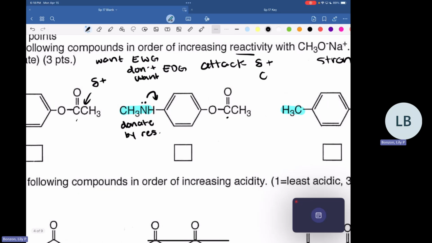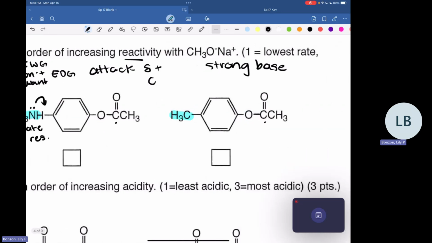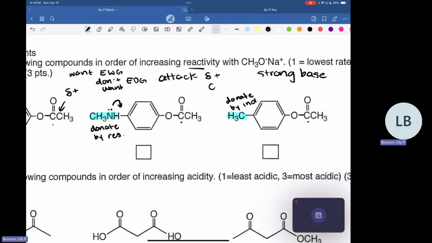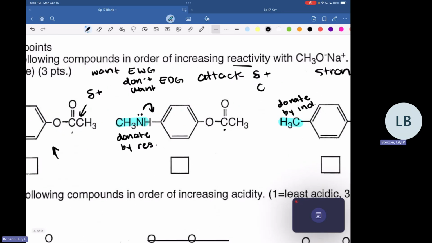We've got donating by resonance for the amine, and over here we just have a CH3 group. Just remember, alkyl groups are donators. They donate by induction. Resonance is going to be stronger than induction, but they do donate. So we have nothing over here, and then we have two donating groups.